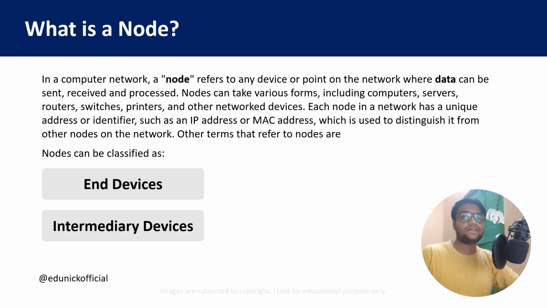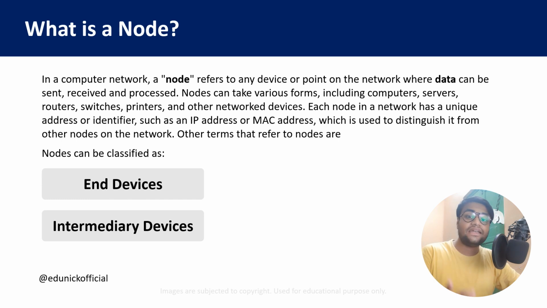We will learn about end devices and intermediary devices in the upcoming videos, but for now, know that end devices are devices like your mobile phone, computer, desktop, laptop, tablets or iPhones, whatever devices you are using to send or receive data.